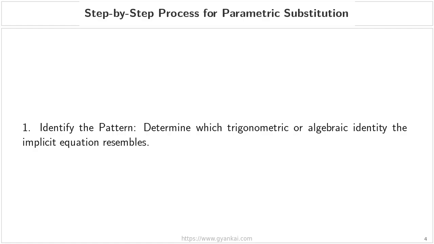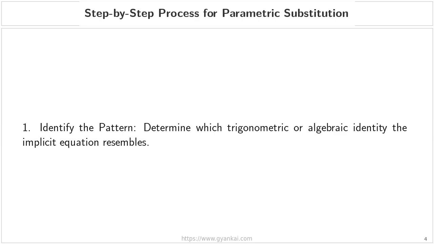Step-by-step process for parametric substitution. Now that we have discussed when it is most appropriate to use parametric substitution, let us walk through the systematic, step-by-step process to execute this method. First, you must identify the pattern. Look closely at your implicit equation and determine which trigonometric or algebraic identity it resembles.